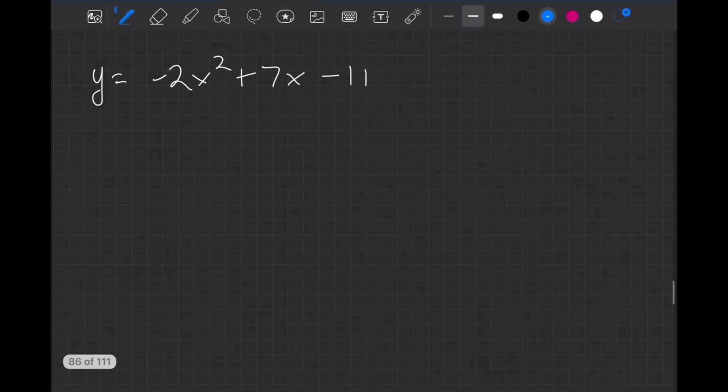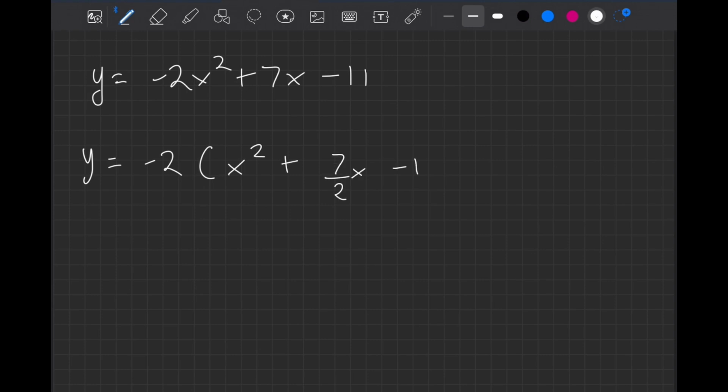Let's do one more. Try this one on your own. And this one, we're going to factor out the -2. And then we'll have x squared plus 7 over 2 x minus 11. We don't need the -11 in the bracket, we'll leave it out here.